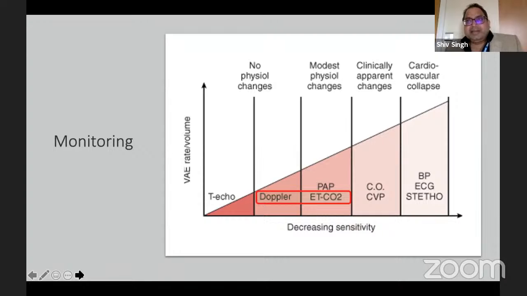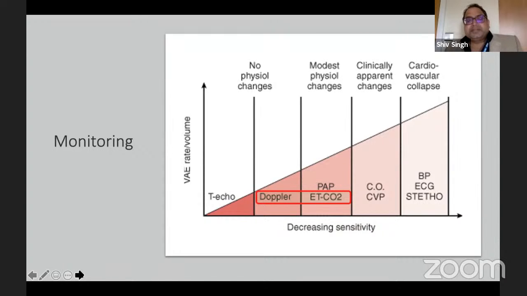But then they can also diagnose things like small particles going into the circulation. Doppler and end-tidal CO2, like I said, are the two monitors which fulfill the criteria. So they have a good sensitivity and specificity.